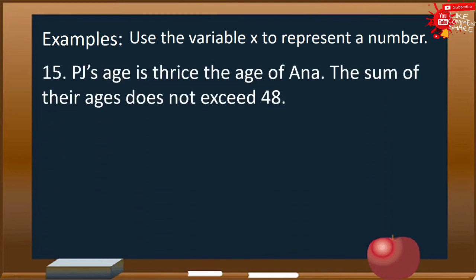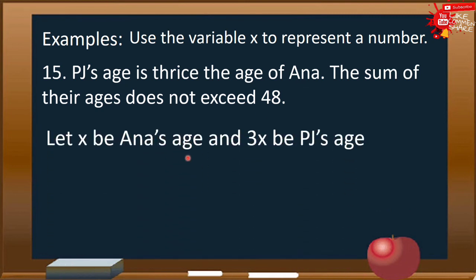Then let us have example number 15. So we have here PJ's age is thrice the age of Anna. The sum of their ages does not exceed 48. So we have here PJ's age is thrice the age of Anna. We don't have the exact age of Anna, so therefore, we will represent Anna's age as x.